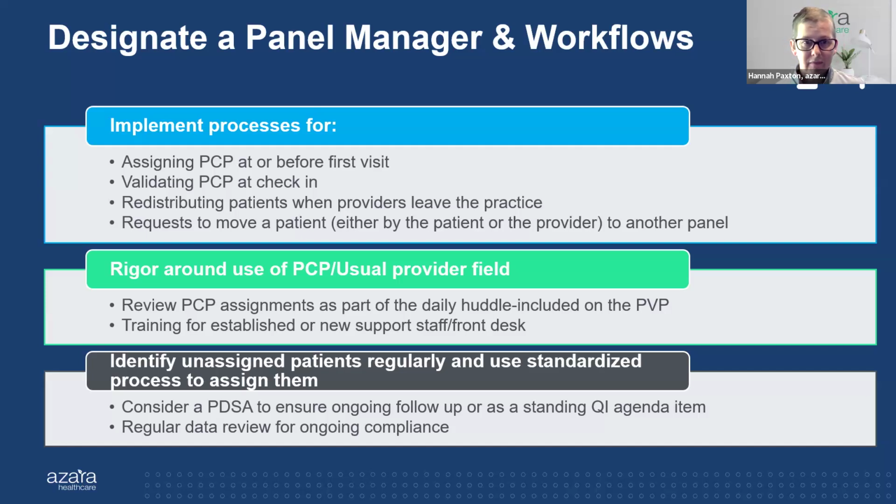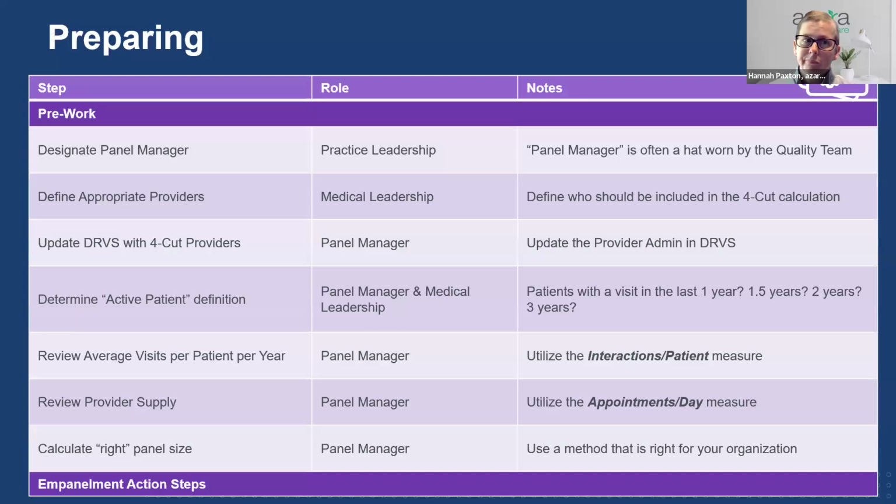And so you do have some examples here on the slide of processes that you would need: how to use the PCP usual provider field in your EMR, and then how to identify patients and use a standardized process to assign them. And I think our DRVS 4-cut methodology can help with a lot of that.